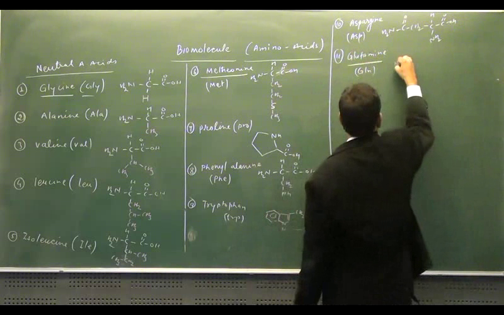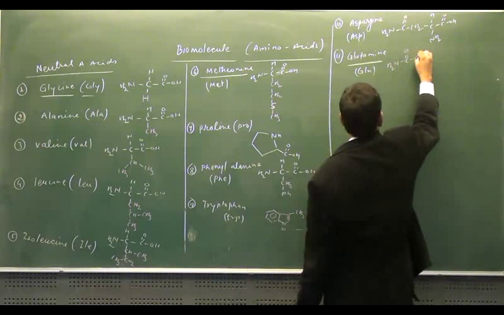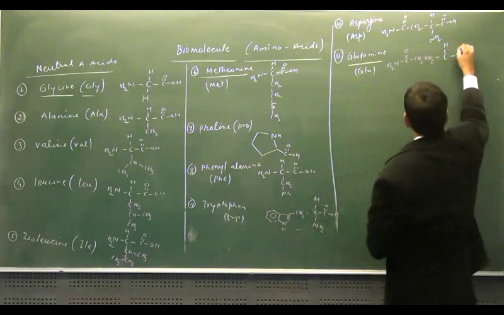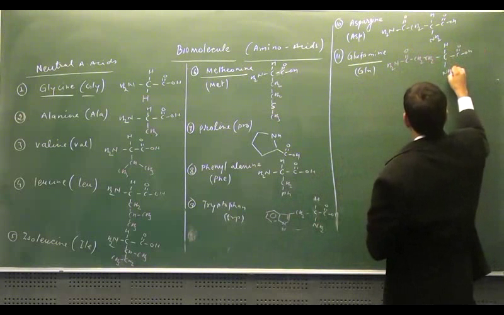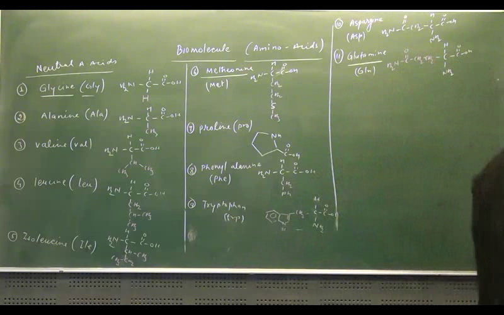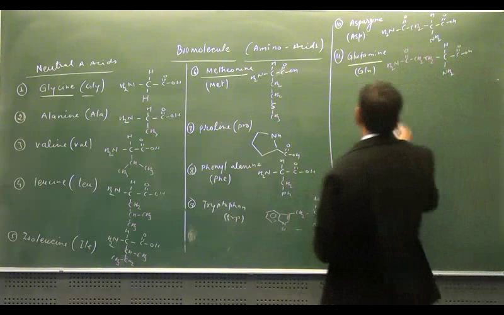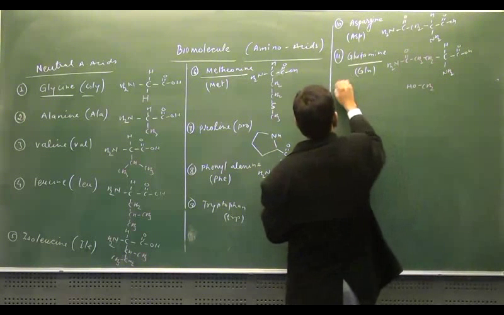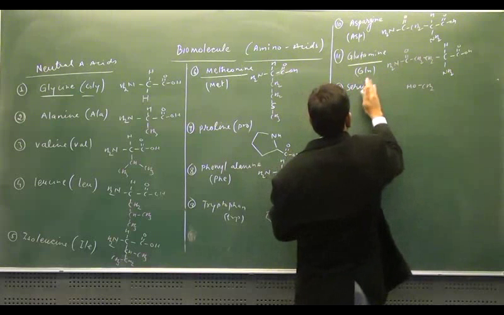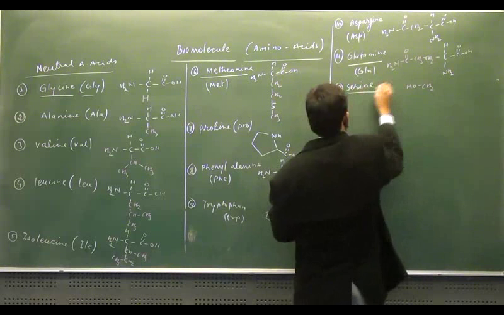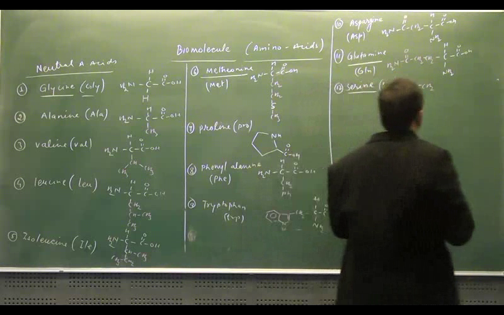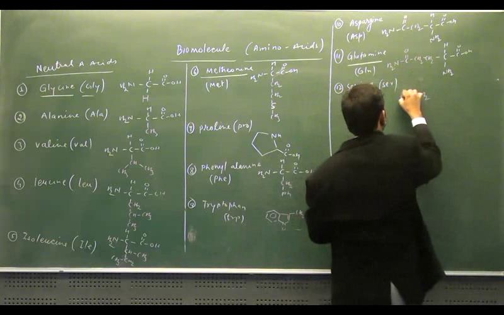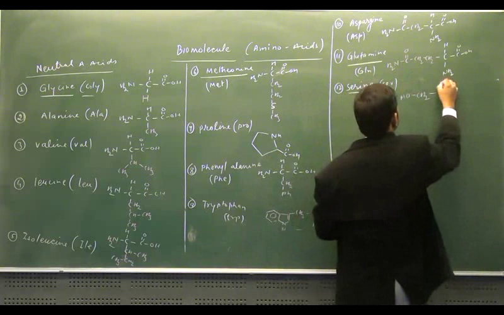Side chain it is CHCOOH, NH2. Serine, side chain it is CH2OH, serine, SER. Here it is CH2OH, CH.